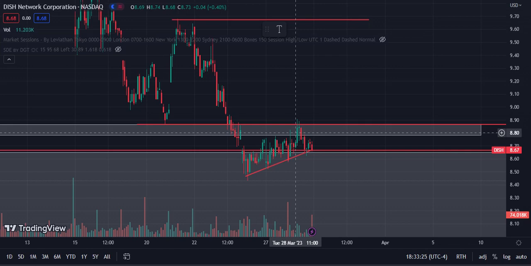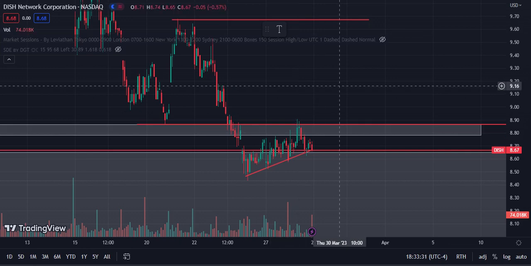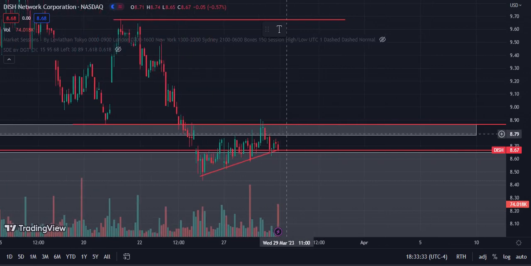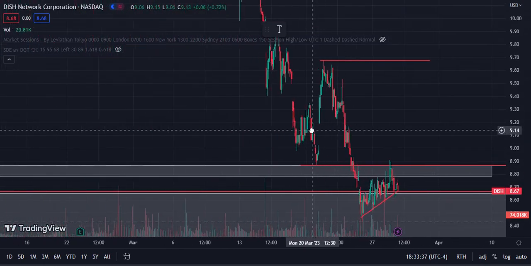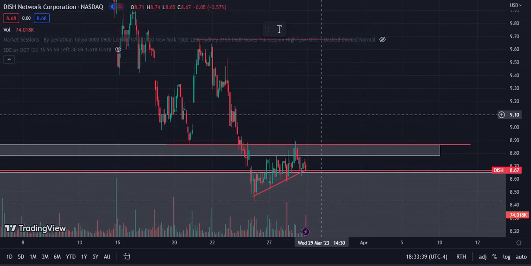Obviously, it's not the best company, and I do not suggest this as a long term investment at all. I'm not a financial advisor in any way, so do keep that in mind. This is not a long term thing. I like this as a swing thing.